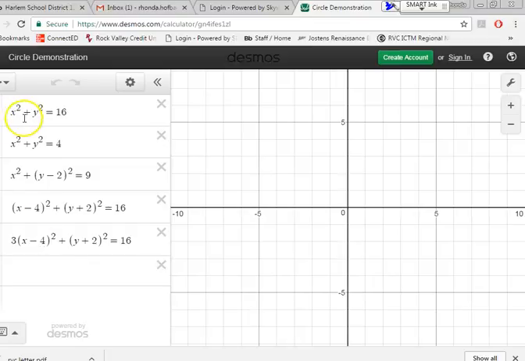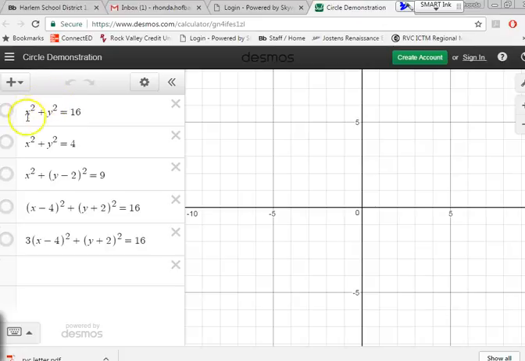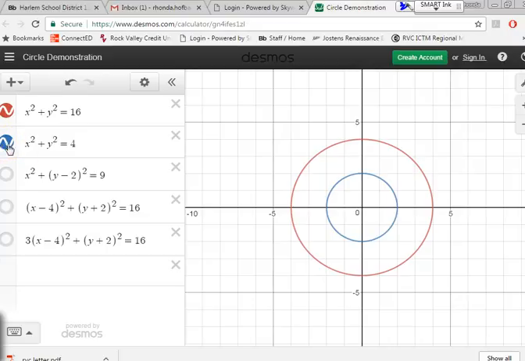And it'll graph. I want you to predict what this, I'm gonna move this over a little bit. Okay, predict what this first equation is gonna look like. Center at 0, 0, radius of 4, okay? So there's center at 0, 0, radius of 4. What's the difference with this next equation? Okay, so it's going to be at the same spot, but smaller. There you go. What do you think about this? Be careful. Think hard before you say anything.